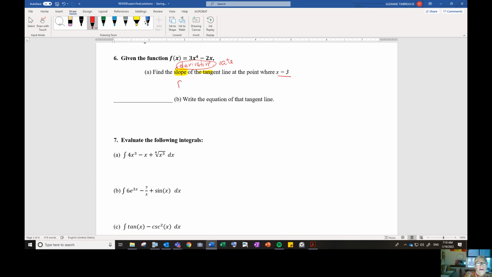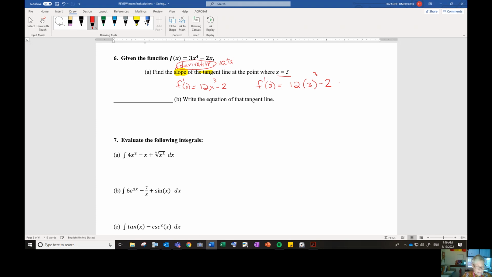Okay, so my derivative is simple, 12x cubed minus 2. I want to evaluate that f prime when x is 3. So 12 times 3 cubed minus 2.